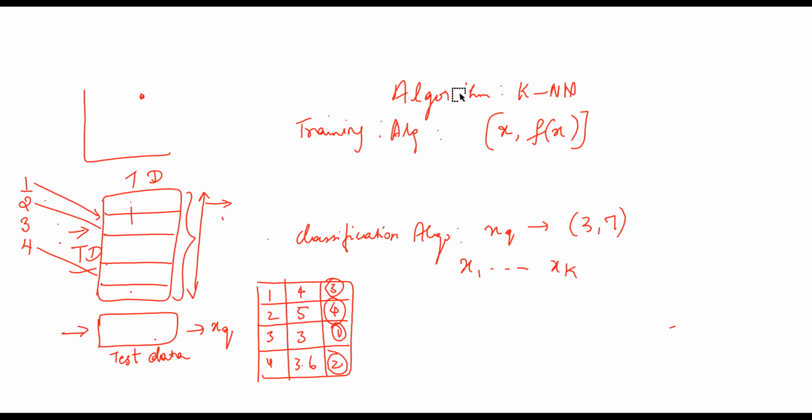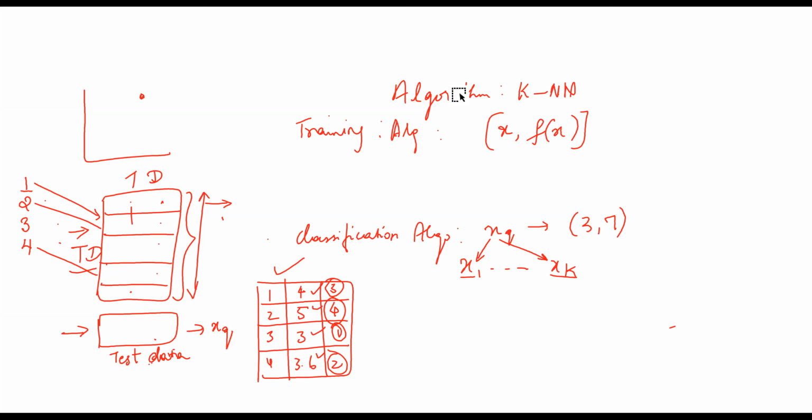So x1 to xk are the instances, and for each and every instance I have to calculate the Euclidean distance. That is what I have done in this table. xq is this test data. From here to the first data, I calculated the value to be 4. From here to the second was 5. To the third was 3. To the fourth was 3.6. So I've calculated all 4 values.